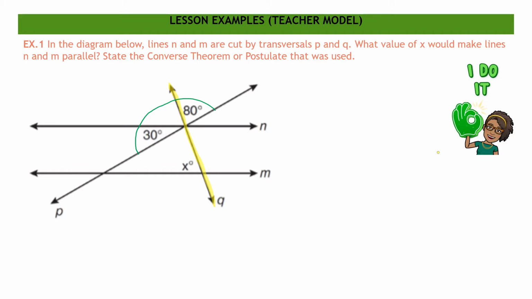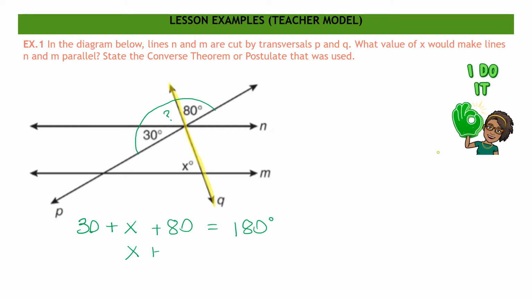The only problem is I'm missing an angle that's created with this line. So in order to find this angle, we can simply use what we know about lines. If I add 30, this unknown angle, and 80, they all equal 180 degrees. Now we're simply solving.